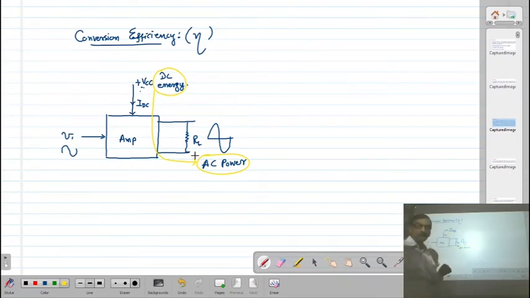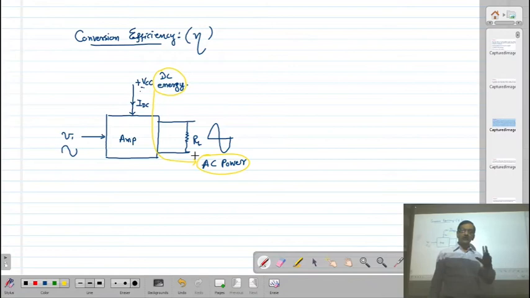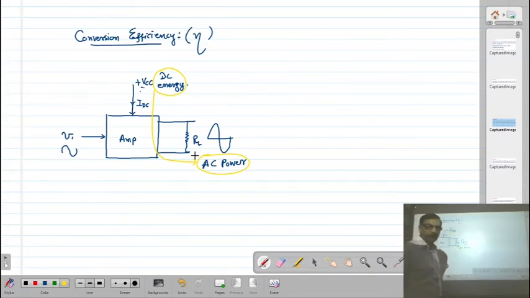That is the function of the amplifier. Remember, how much of the DC energy is converted into AC energy, that ratio is known as the conversion efficiency of the amplifier.